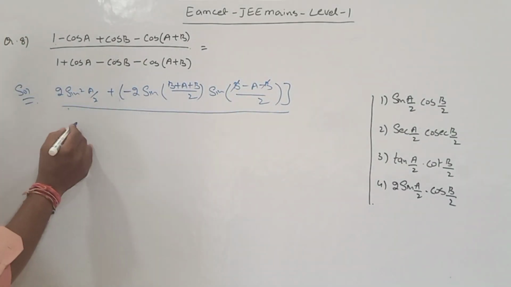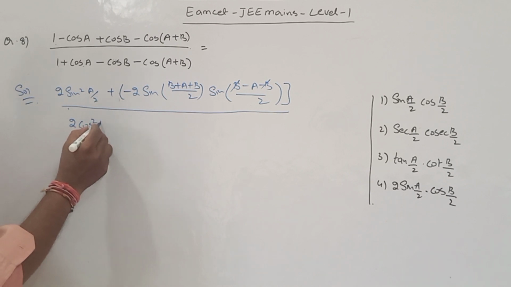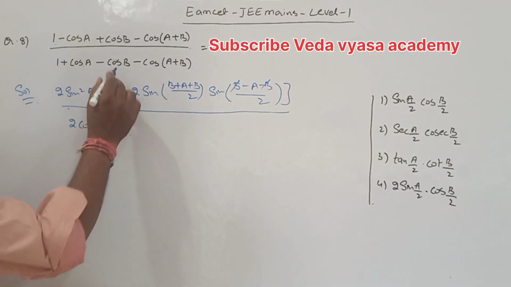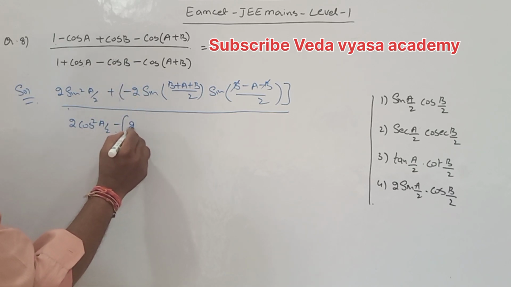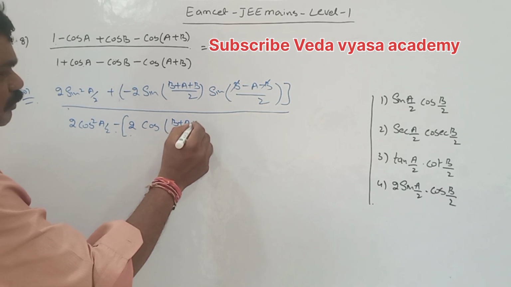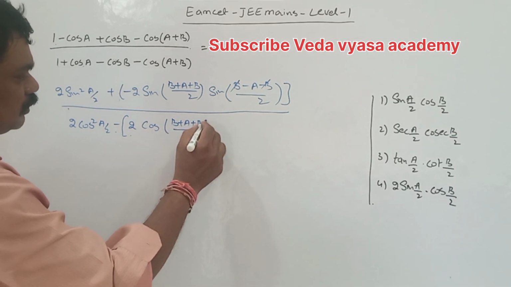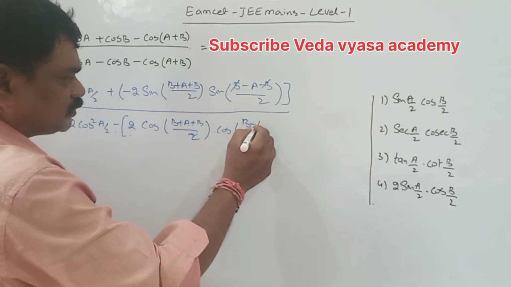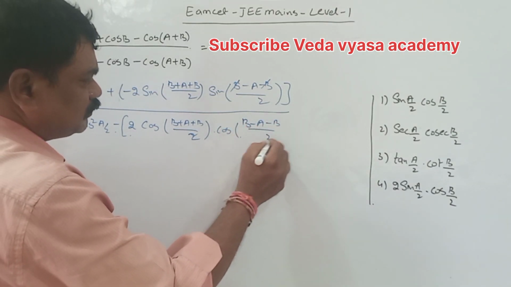In the denominator, 1 plus cos a is equal to 2 cos square a by 2, minus common. This is minus 2 into cos of (b plus a plus b)/2 into cos of (b minus a minus b)/2.